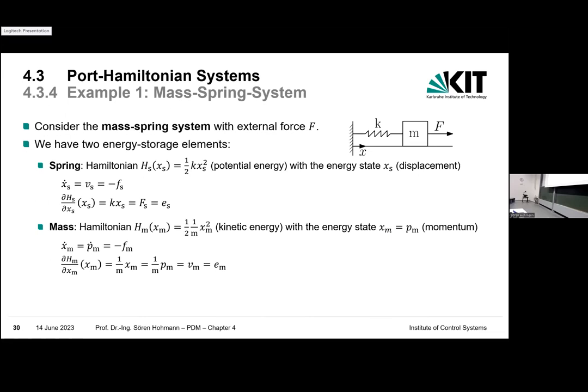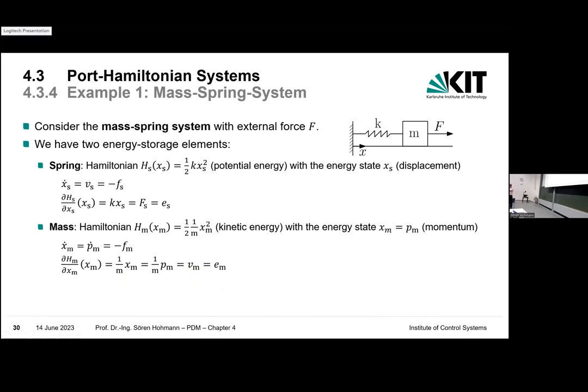Because with this, we can define xm dot as minus F, using Newton's law. The force acting on the mass defines the momentum derivative. That's pure Newton. Or we can also say we derive the energy function given here with respect to the state variable and get exactly the F variable, which in our case for the kinetic energy is the velocity.